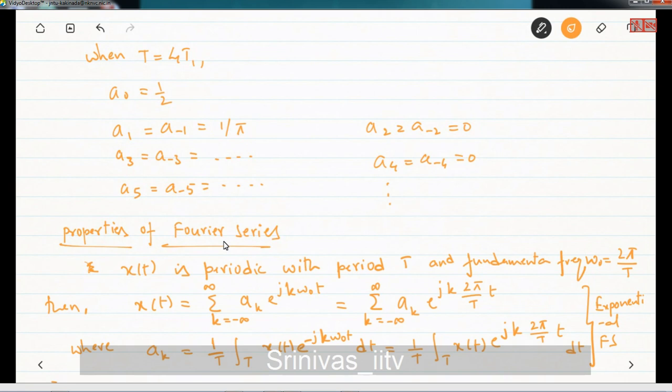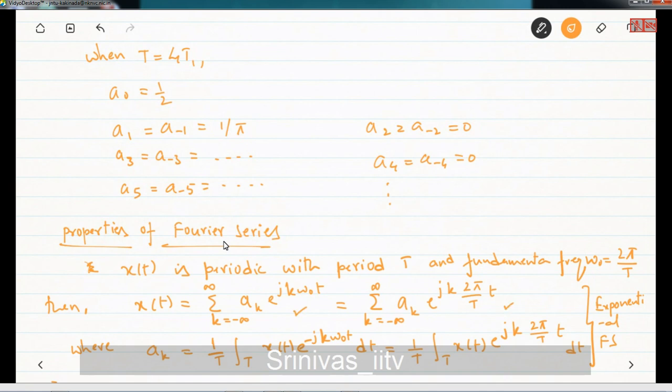So if there is a question asking about the exponential Fourier series, you should use this formula. If you are asked to use the exponential Fourier series, either this formula is okay or this formula is okay.